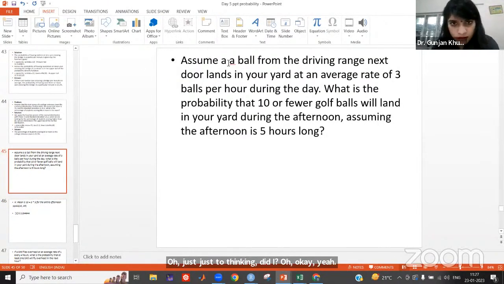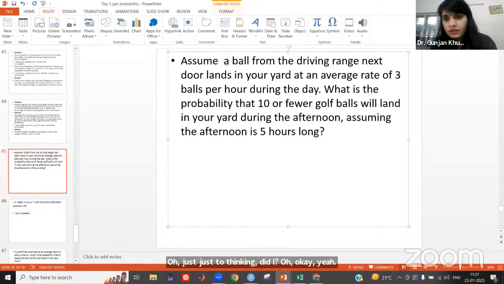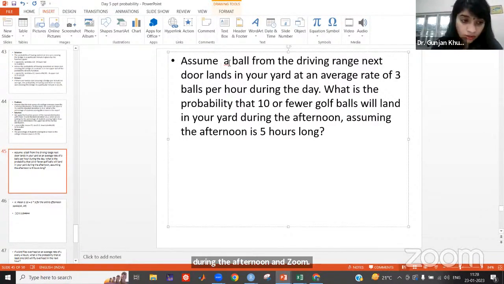Assume a ball from the driving range next door lands in your yard at an average rate of 3 balls per hour during the day. When the word average is used, start thinking that you have got the mean. What is the probability that 10 or fewer golf balls will land in your yard during the afternoon, assuming the afternoon is 5 hours long?